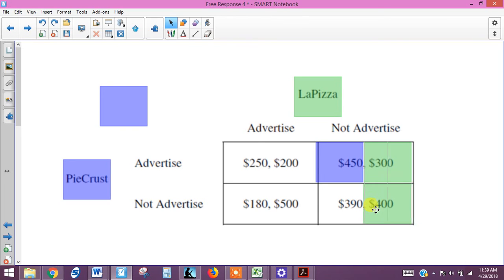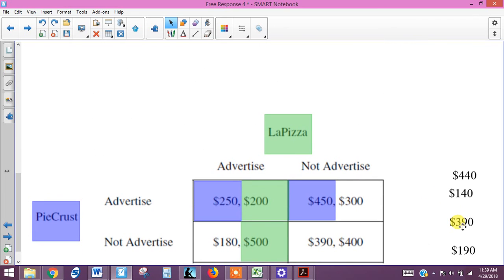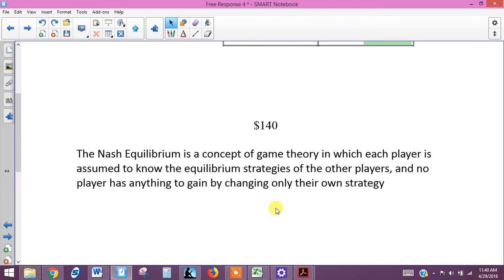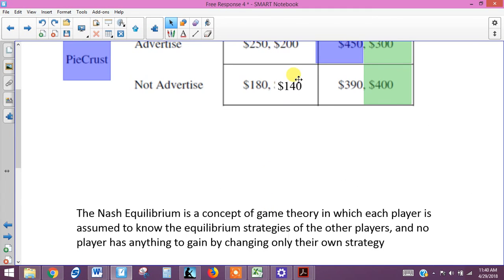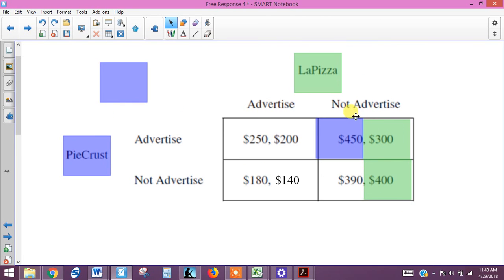A dominant strategy would be defined like this. Say this was 300. Let me grab one of these so I can show that. Let's say it's something lower, say 140, just for argument's sake. Then the dominant strategy would be for La Pizza to not advertise, because a 300 is better than a 200, and 400 is better than 140.